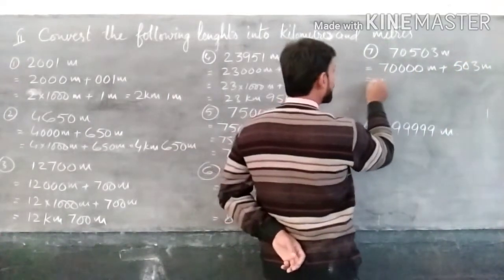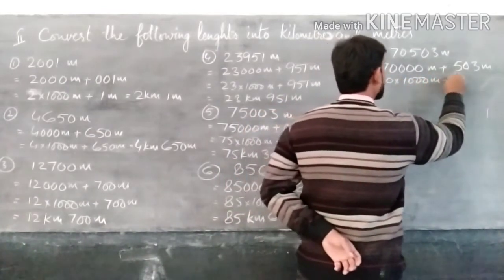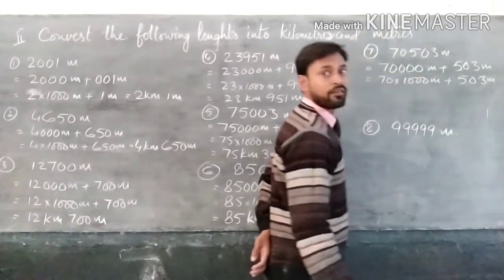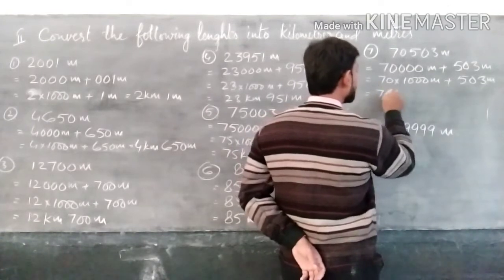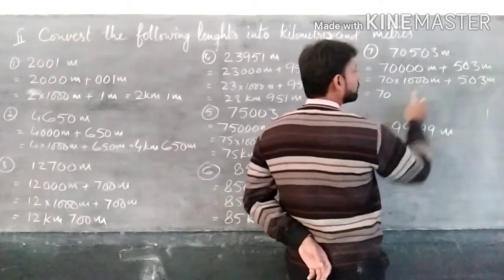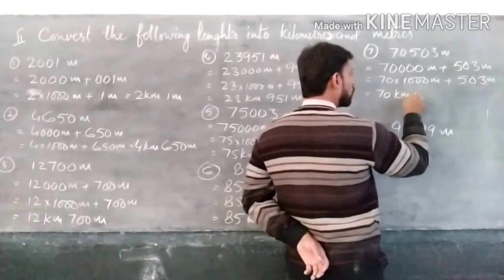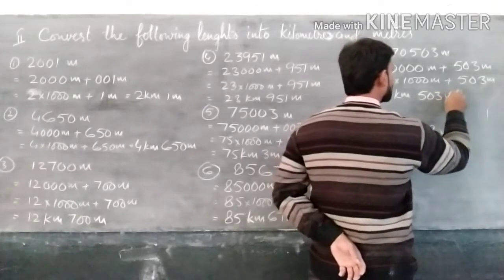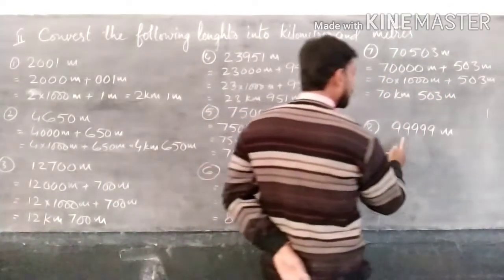We can write this as 70 into 1000 meters plus 503 meters, right? This 1000 meters is equal to 1 kilometer. So we can write 70 kilometers, and this is 503 meters. Is that clear?